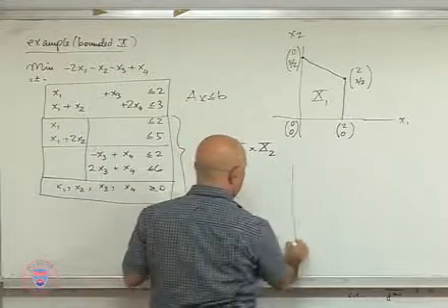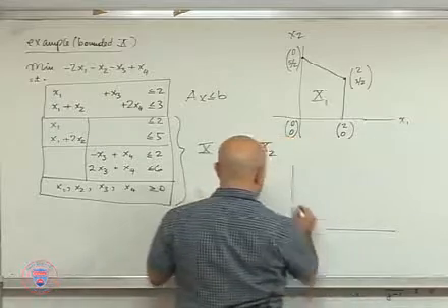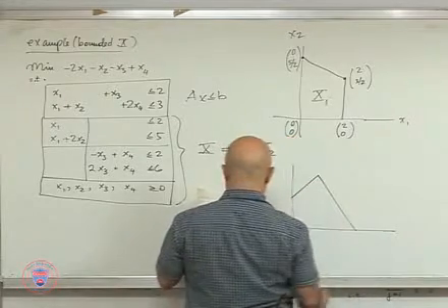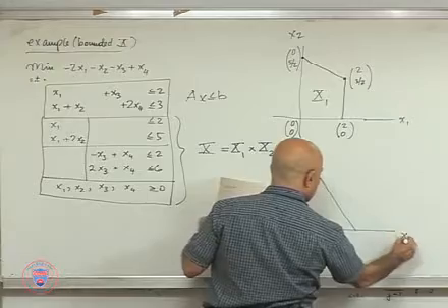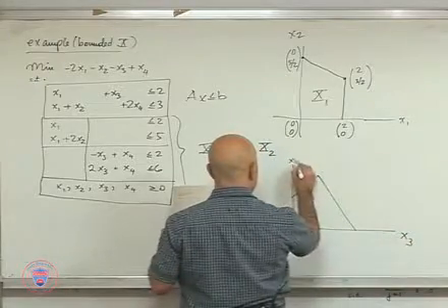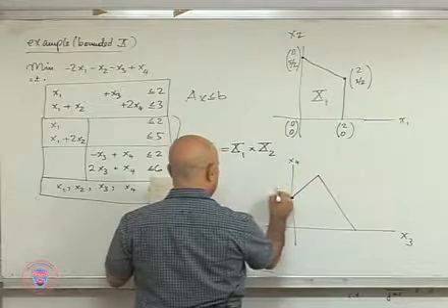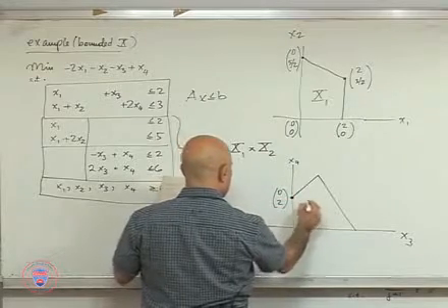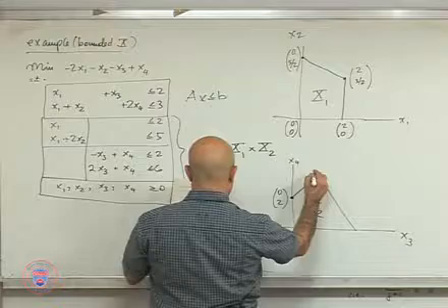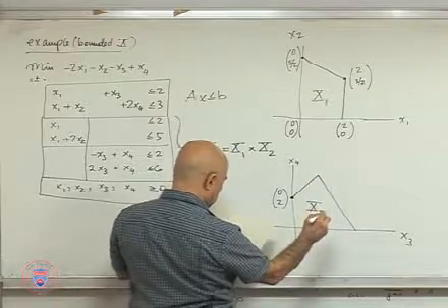The second one looks something like this in the x3, x4 plane. This point is 0, 2. This point is 4/3 and 10/3.